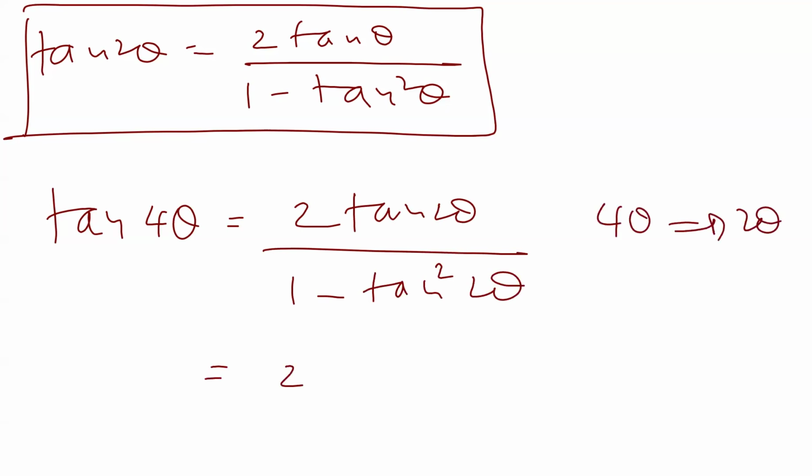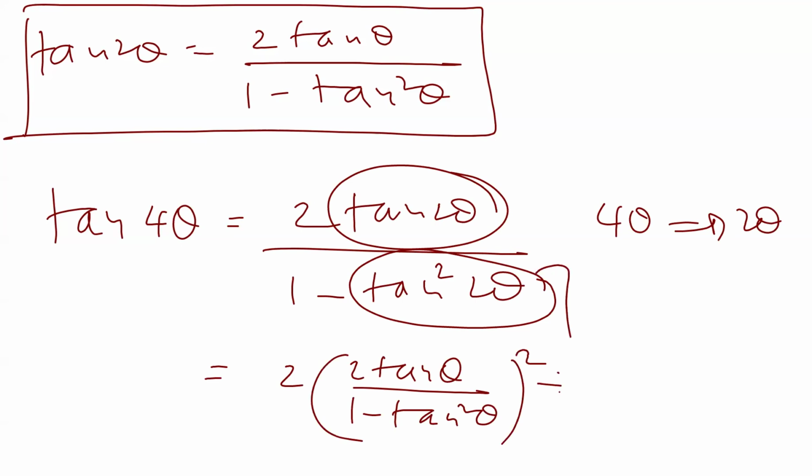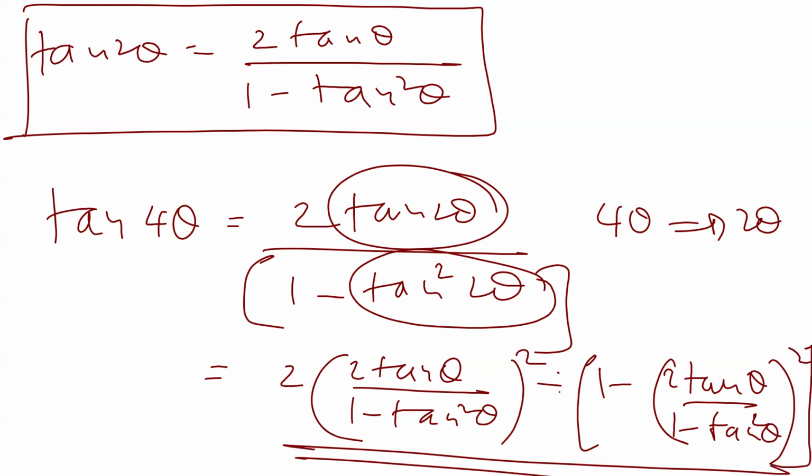Now, same, you simplify over here. Replace the value of tan 2 theta. What is tan 2 theta? 2 tan theta upon 1 minus tan square theta, divided by this entire bracket: 1 minus the whole square of 2 tan theta upon 1 minus tan square theta. You have to simplify this so that tan 4 theta will be expressed in terms of tan theta. Okay.